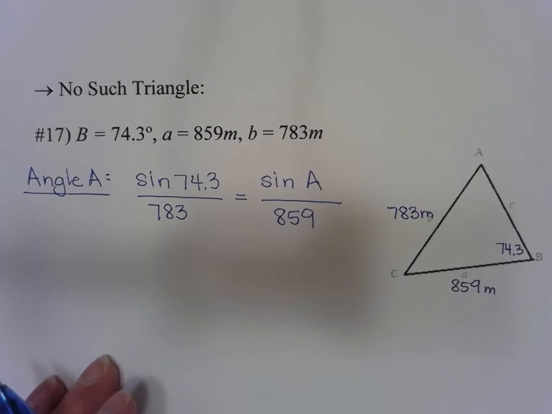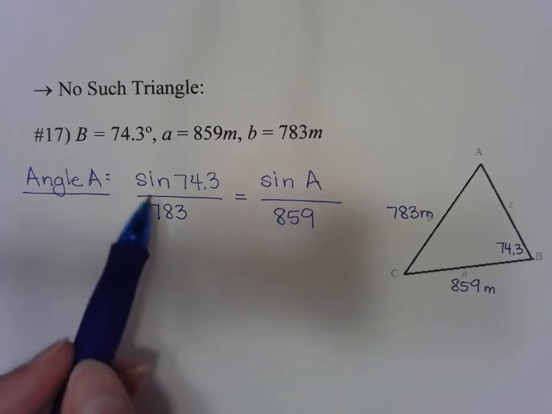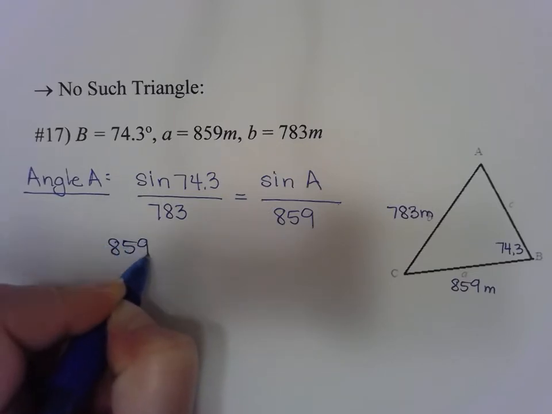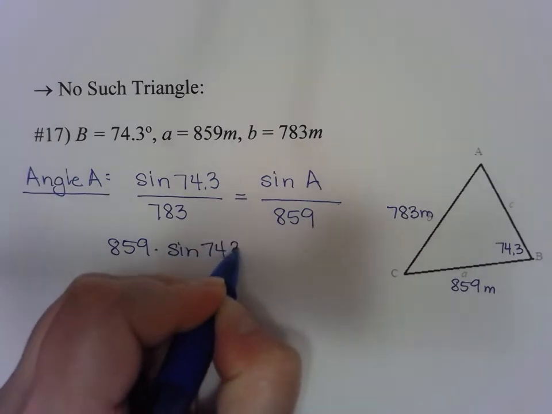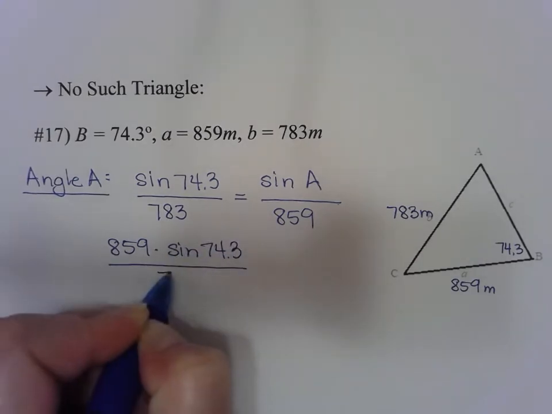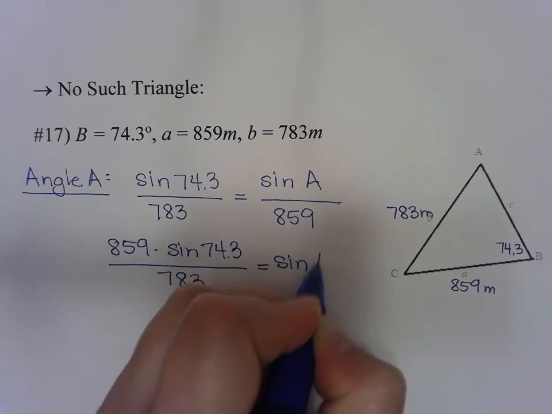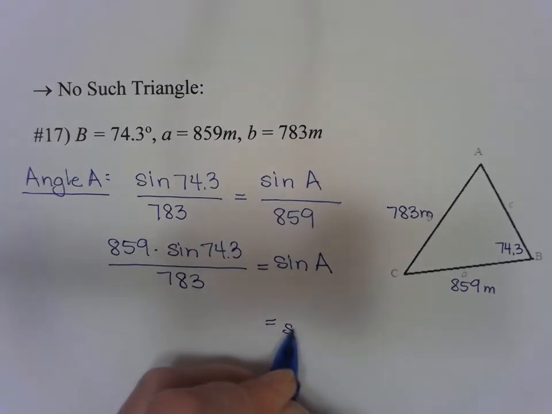So if we solve for the sine of A, we would multiply both sides by 859. So let's put that into our calculator.